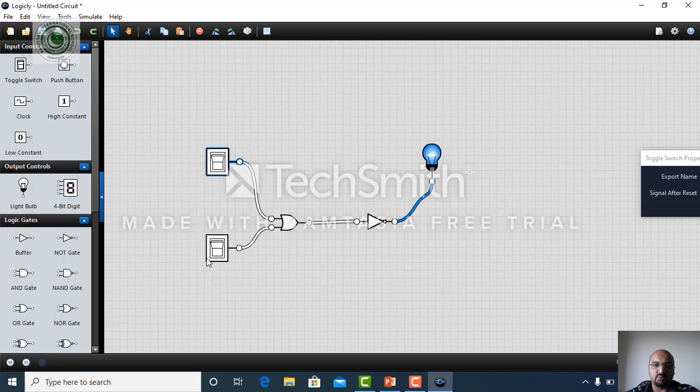Whenever both are 0, the OR output is 0, and when 0 passes through the NOT gate, it becomes 1. Now if this is 1 and this is 0, the OR gate output is 1, and 1 becomes 0 at the NOT gate. Now let's see.